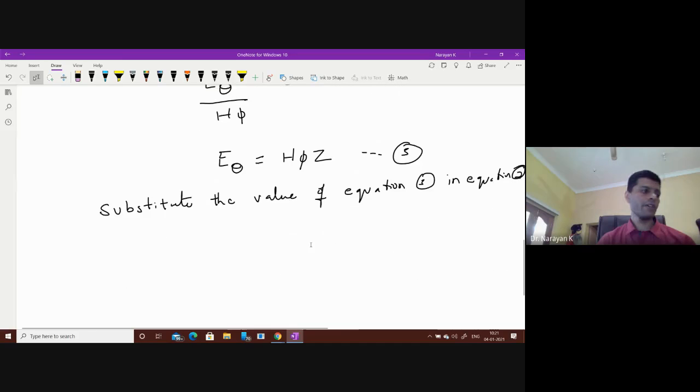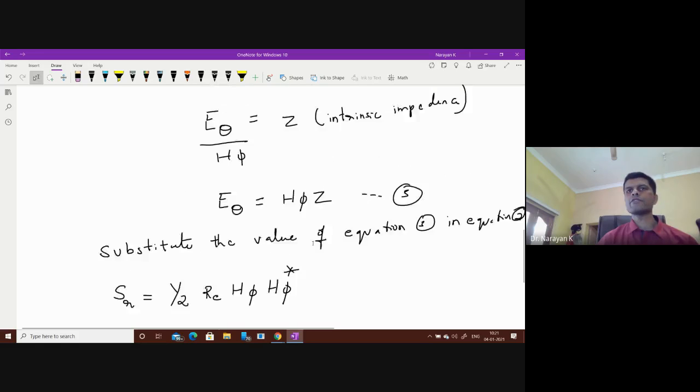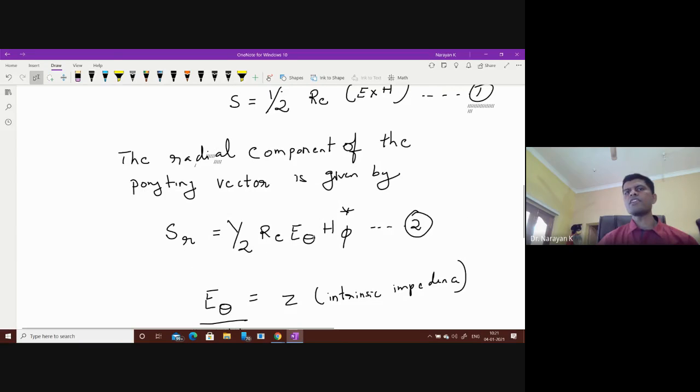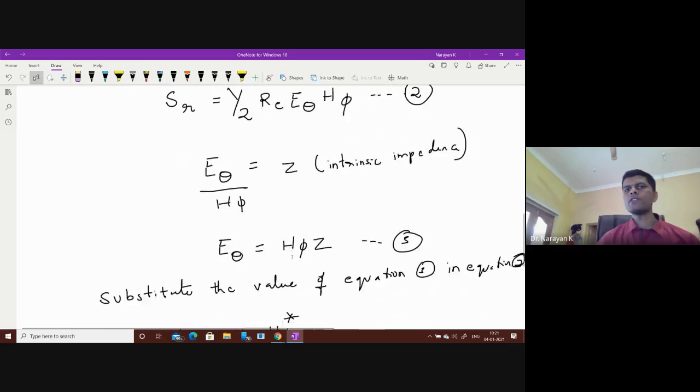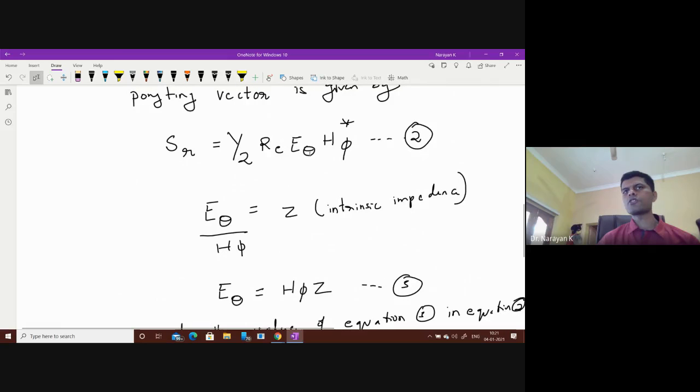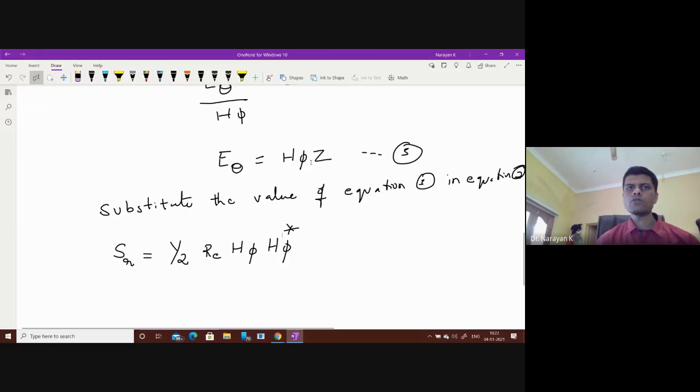It will be H phi into Z. So your radial component of the pointing vector S R will be half of the real part of H phi, complex conjugate. See, H phi into Z I am substituting instead of E theta over here. Can you understand? E theta is H phi into Z, that I am substituting in your equation 2. So you will get half of the real part of H phi complex conjugate into Z.